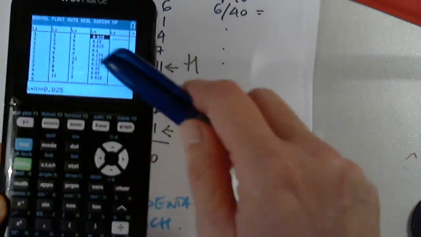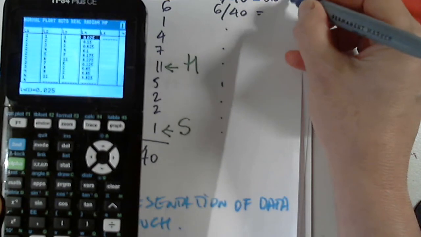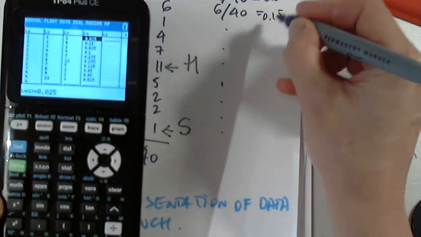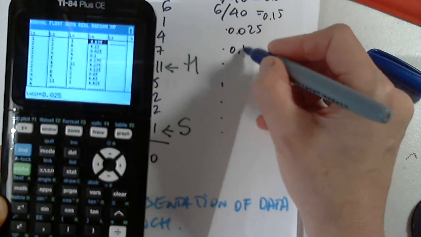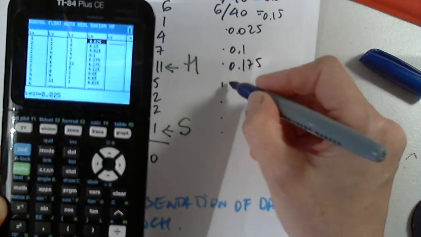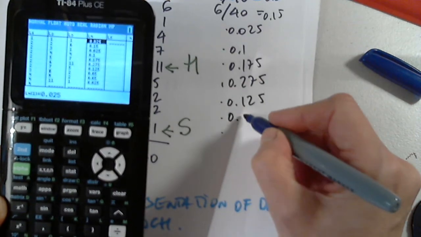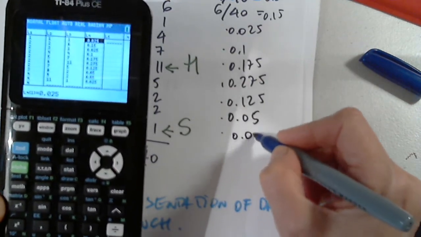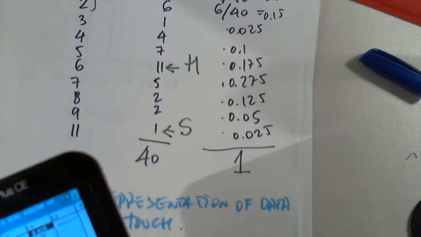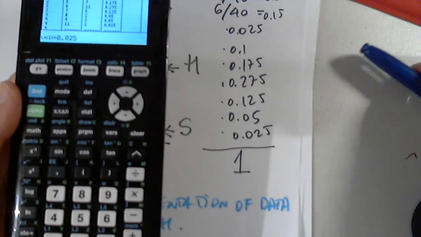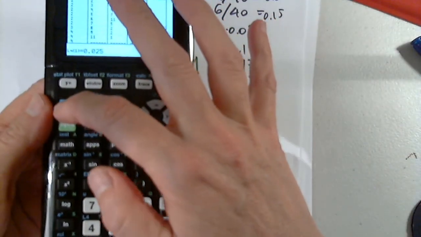I don't have to copy them from here, I can copy them from StatCrunch because I have them. 0.025, 0.15, the next one will be 0.025, the next is 0.1, 0.175, 0.275, 0.125, 0.05, 0.025, and they better add up to 1. And once I have that, I go to stat plot.